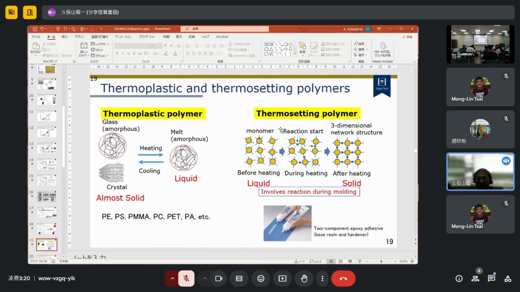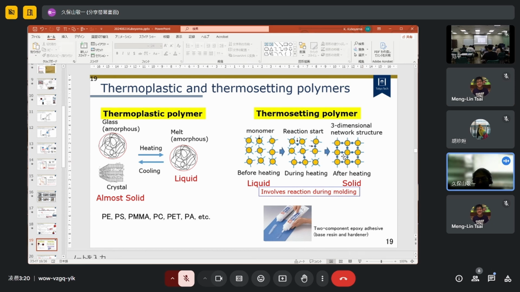But there is also another type of polymer that is called thermosetting polymer. In the case of thermosetting polymer, the starting material is not polymer. That is monomer or oligomer, the smaller molecular weight one. And when you heat the starting material, they can react with each other and form a three-dimensional network structure like this after the heating.